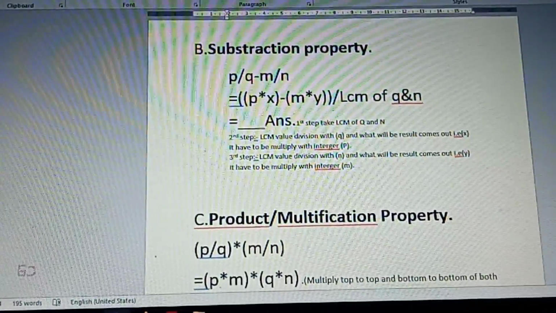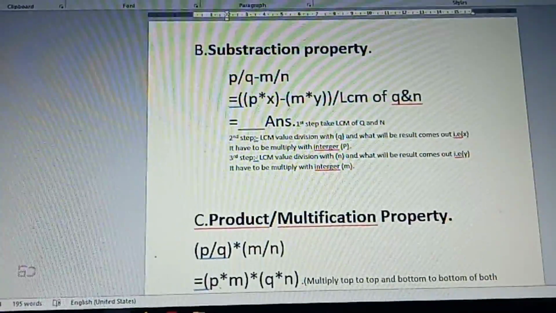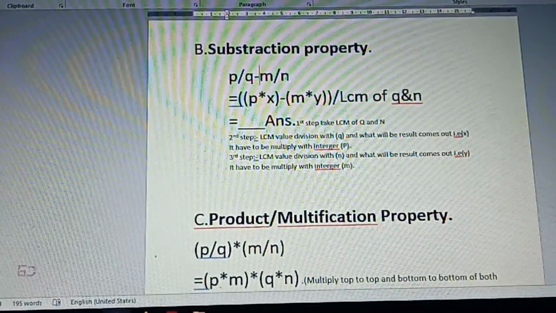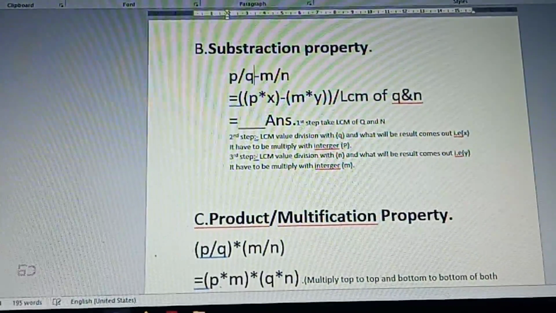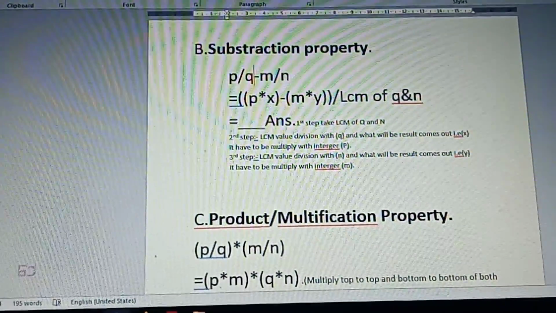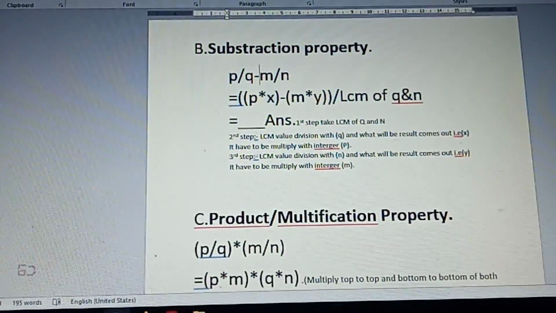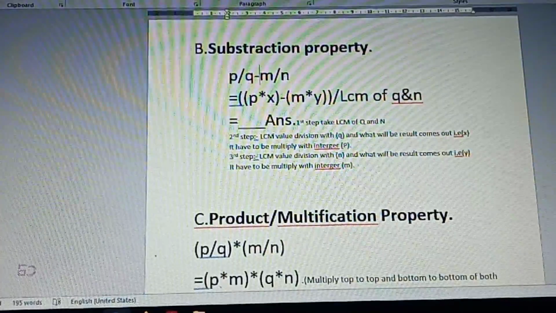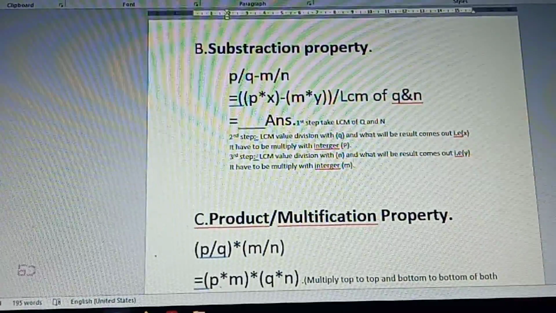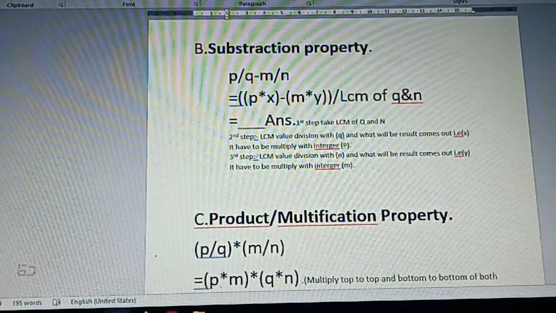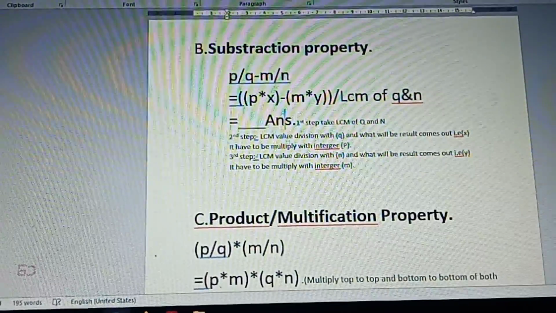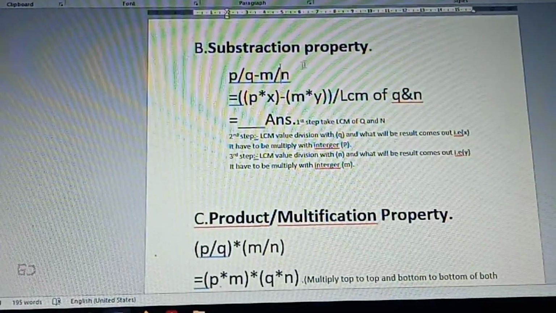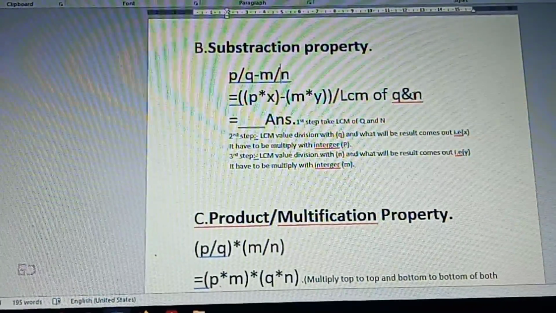So 1 by 2 and 3 by 2 are also rational numbers. I consider 1 by 2 as P by Q minus 3 by 2, and 3 by 2 as M by N. Then how do you find the answer by the subtraction property? Same procedure. First you take the LCM of Q and N.